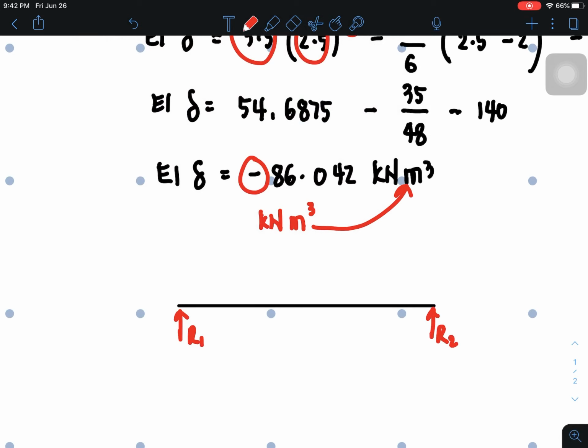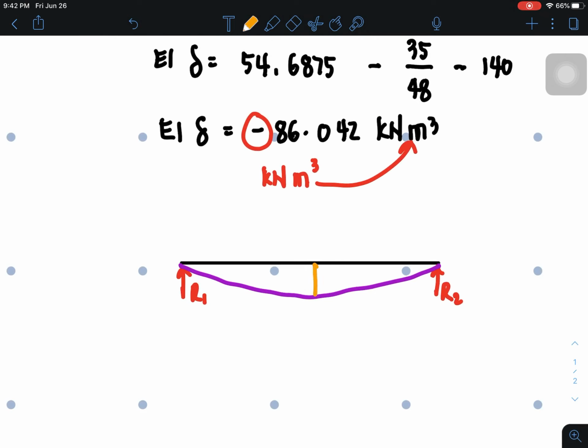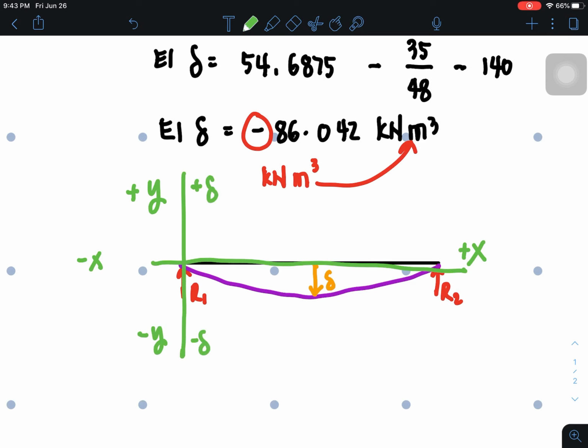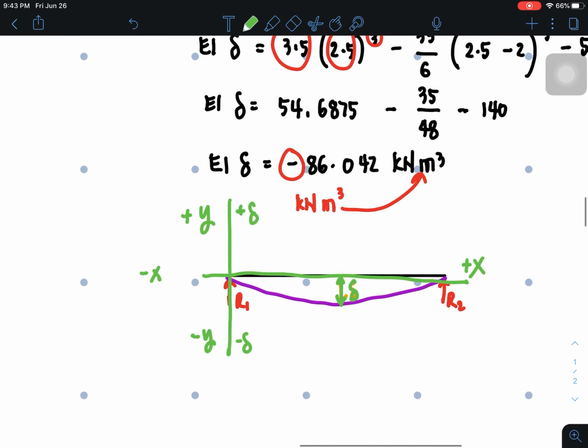The deflection is in this manner, so there is a downward deflection. We set this as the Cartesian plane, with y and x. This is positive x, this is negative x, this is positive y, this is negative y, or positive deflection and negative deflection. So it is negative because it conforms to the downward deflection of our beam. I hope that's clarified.